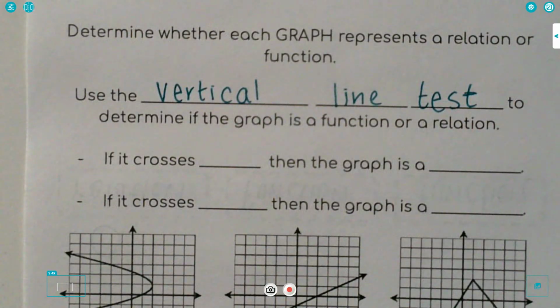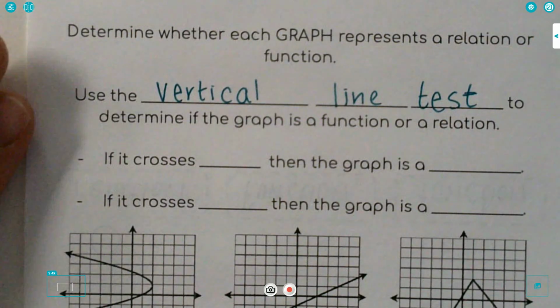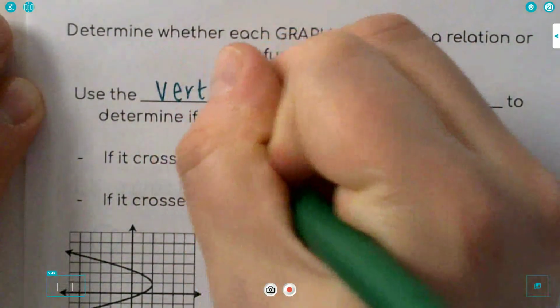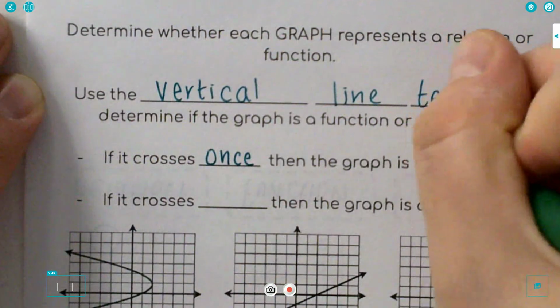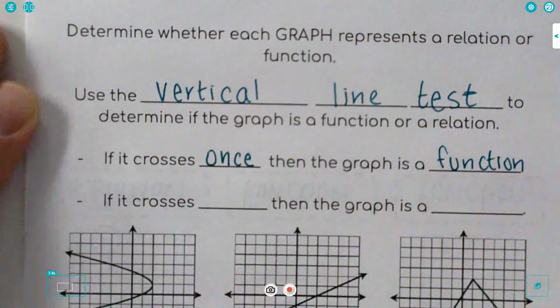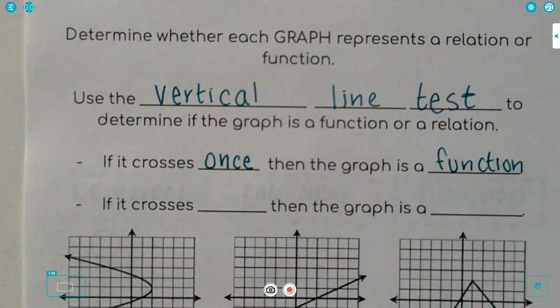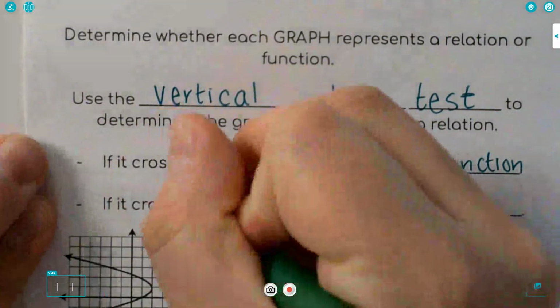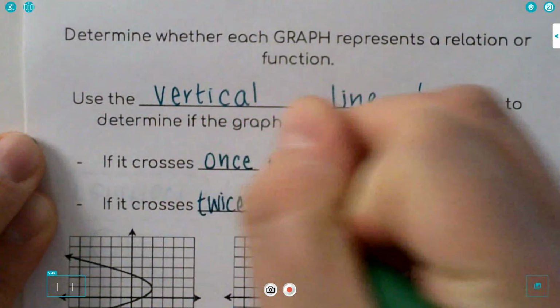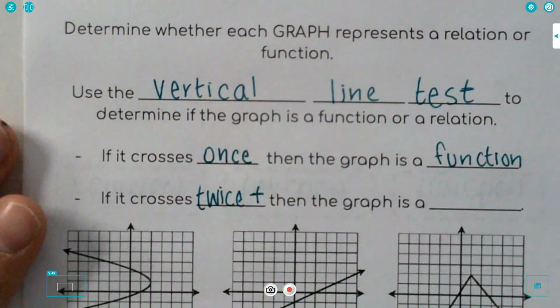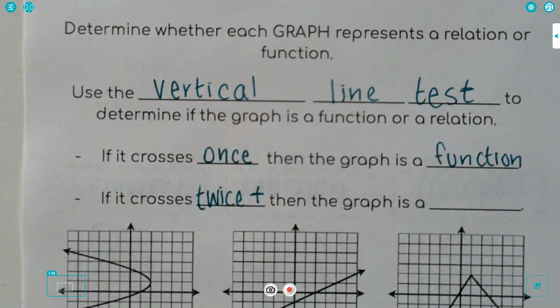If it crosses only once, then the graph is a function. If it crosses twice or more, so I'm going to put twice plus, because it could cross 3, 4, 5, 12 times, pretty crazy graph if it's going to cross 12 times, then it is a relation.